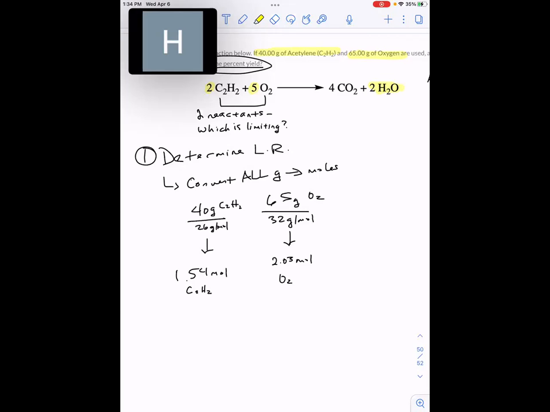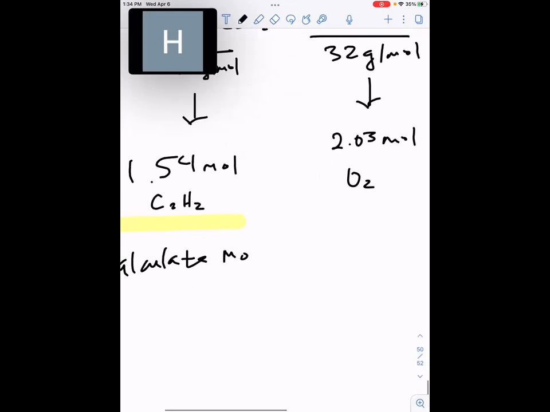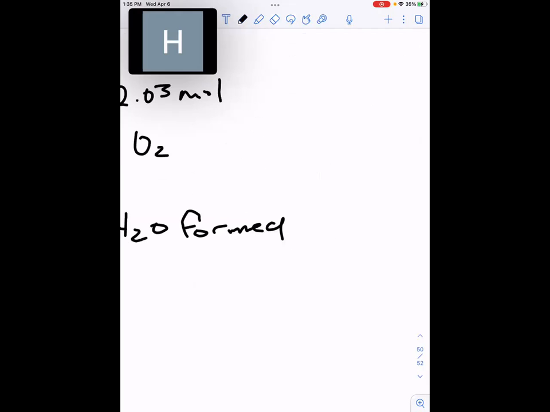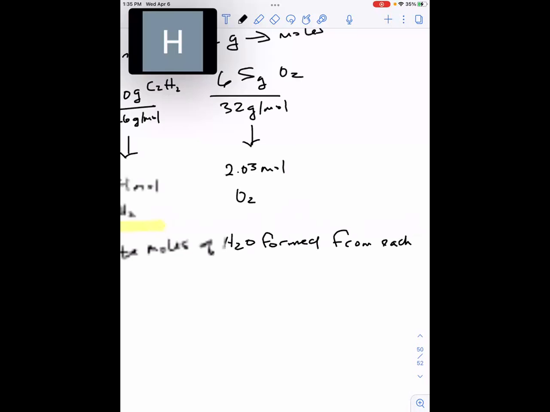So here we want to calculate the moles of H2O formed from each one. All right, so let's do that.